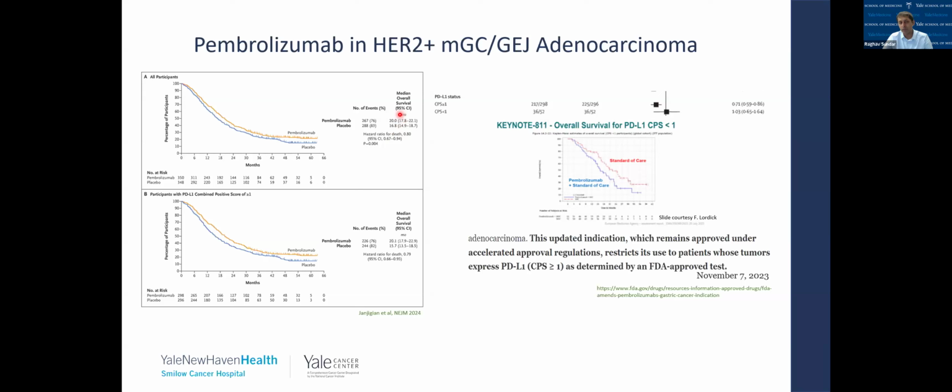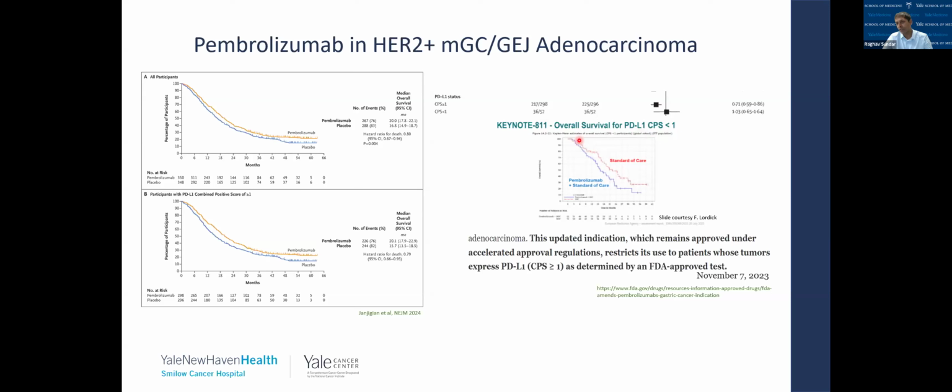This is one of the longest overall survivals we've seen, at 20 months for patients who received pembrolizumab, compared to 16.8 months for those that received placebo, with a very nice hazard ratio of 0.80. However, one of the things to note about this trial is that there was clearly a lack of benefit of the addition of pembrolizumab for those that had a PD-L1 CPS score of less than 1.